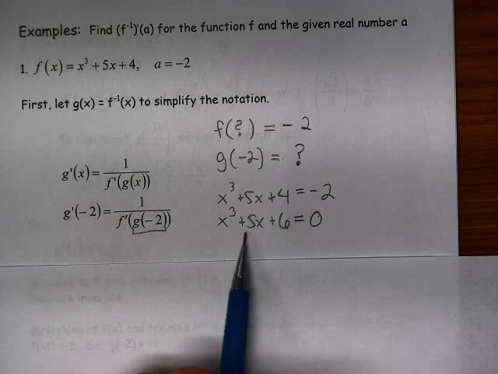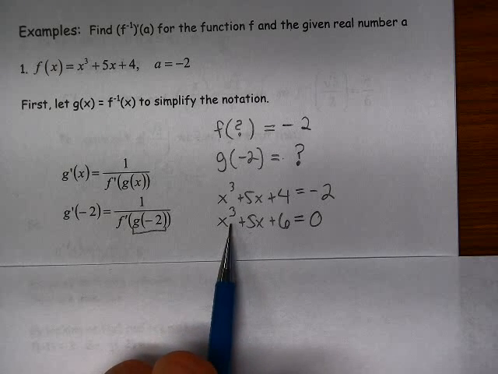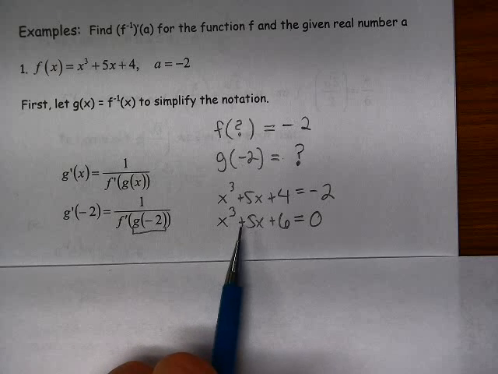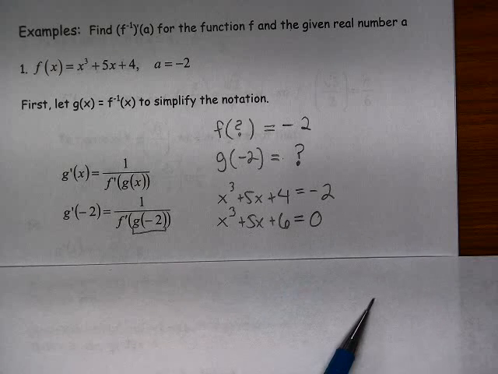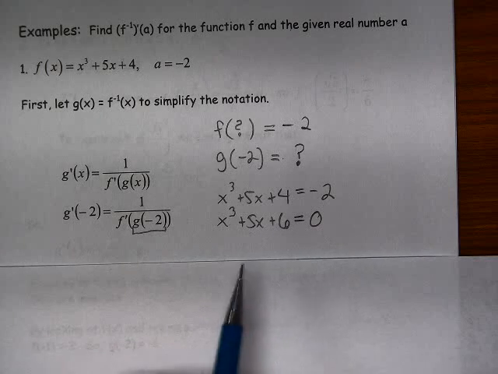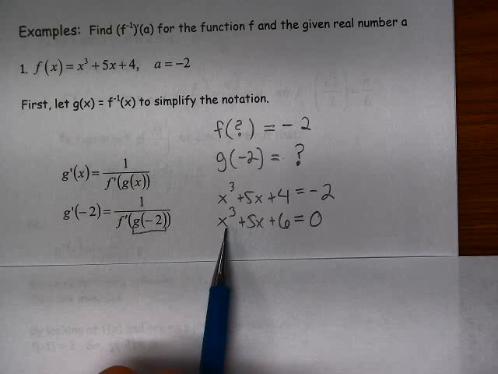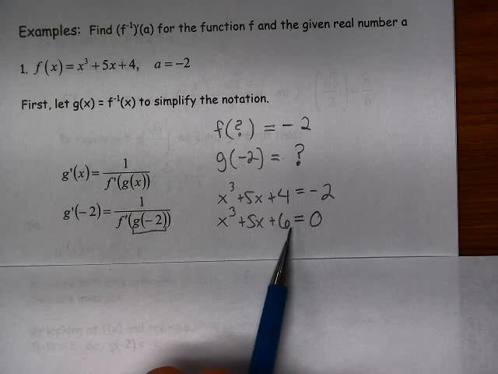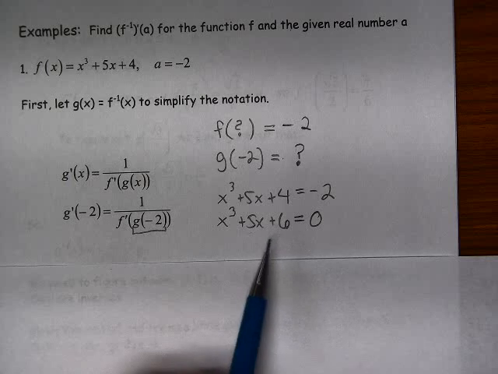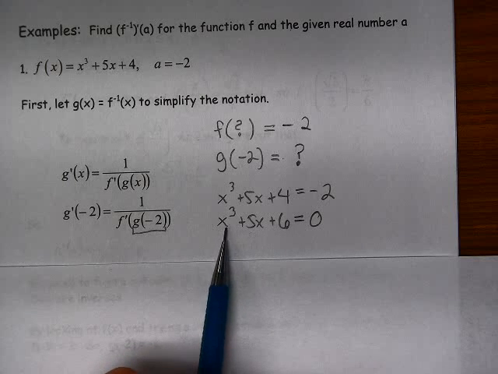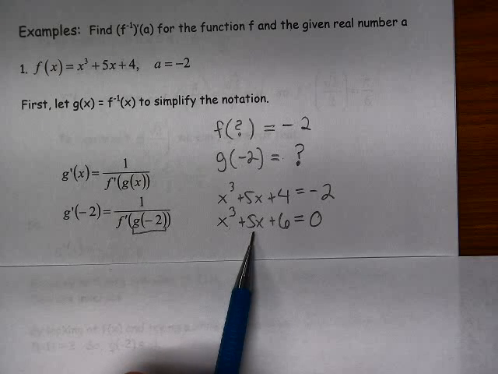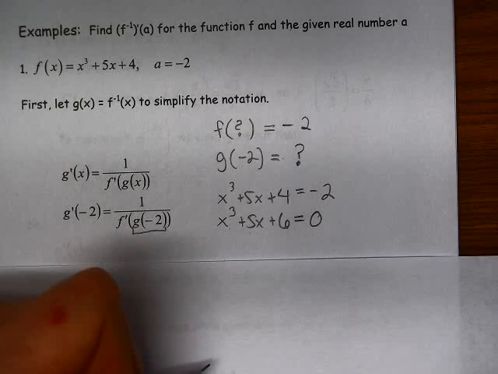Let's try some simple examples. Let's try, what if x equaled 1? I would get 1 plus 5 plus 6, that's 12. So that doesn't work. What if x was equal to 0? I'd get 0 plus 0 plus 6, I would get 6, so that doesn't work either. What about -1? Then I would have -1 cubed is -1, minus 5 is -6, plus 6 is equal to 0.